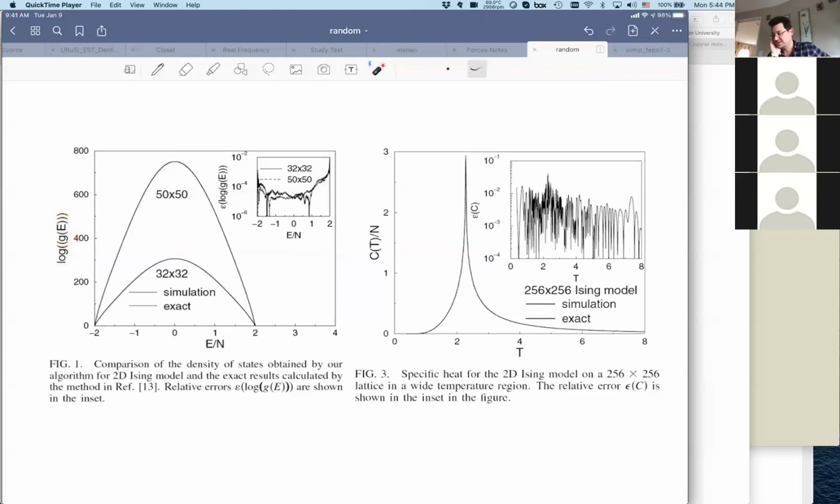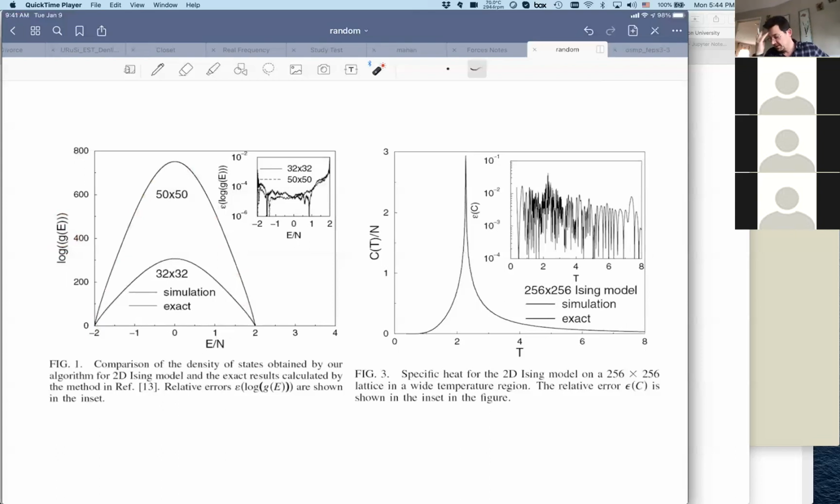So the logarithm of g is basically all possible states that you can have. In some sense, what we are plotting here is almost the entropy of the system. And we know that if you have entropy, then from this you can calculate all thermodynamic quantities, isn't it?